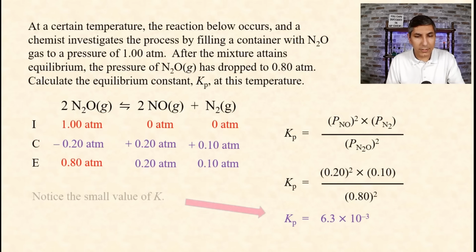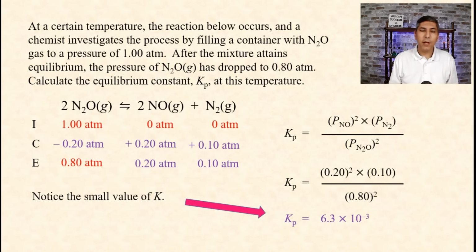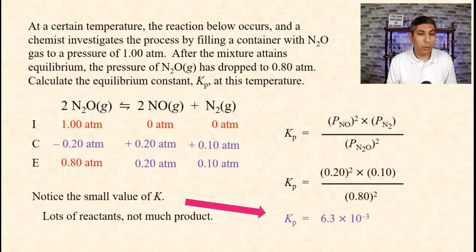Now notice that this is a fairly small number. When I say small, I mean less than about 0.1. And generally speaking, the smaller the value of an equilibrium constant, the less amount of product you're going to have. And that's basically what we have here. We have a moderately small equilibrium constant. So that means we have a whole lot more reactants than we have products.